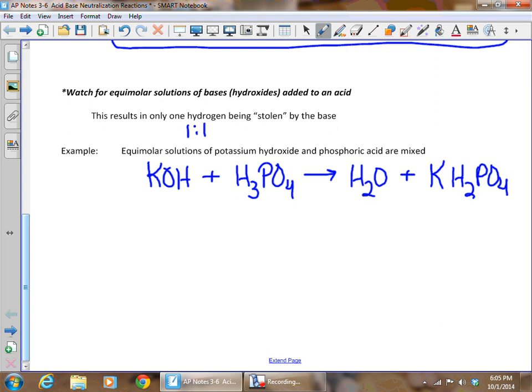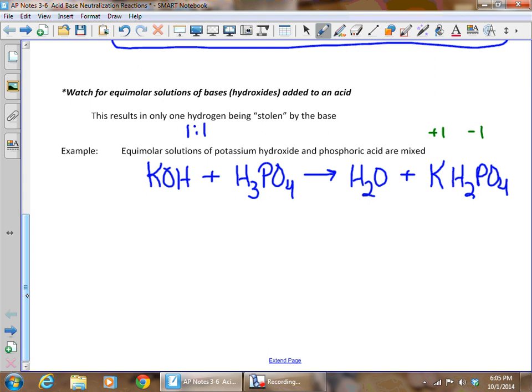Now that is a polyatomic ion that we have dealt with before. That's our dihydrogen phosphate. Potassium's +1, dihydrogen phosphate is -1. So that's the formula for that compound. Again, equimolar means we react one-to-one is the best we can do.